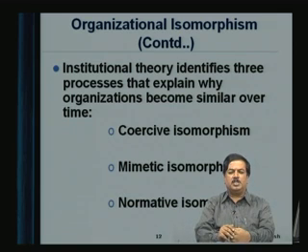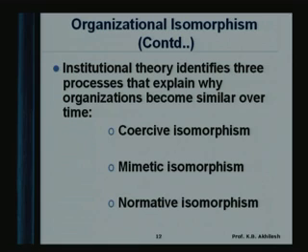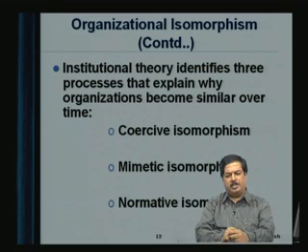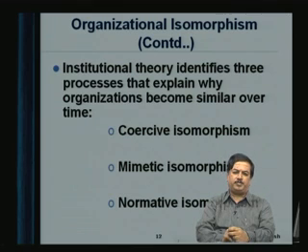So institutional theory identifies three processes that explain why organizations become similar over time. It could be coercive, mimetic, and also normative. Coercive isomorphism is where the rules of the game and expectations are stated very clearly, and you are severely punished for not following.